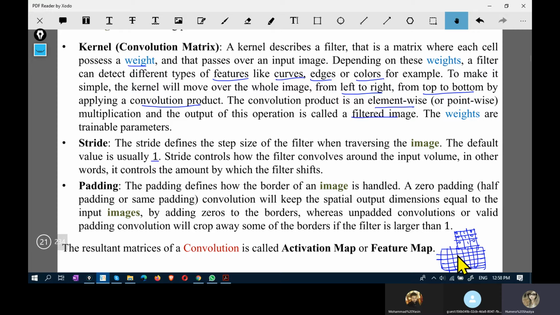If you add padding, then the output feature map is exactly the same size as the image. So the resultant and everything, these all are matrices. You have the filter matrix, and the image is also a matrix of pixel values, as shown earlier. That resultant is known as the activation map or feature map.